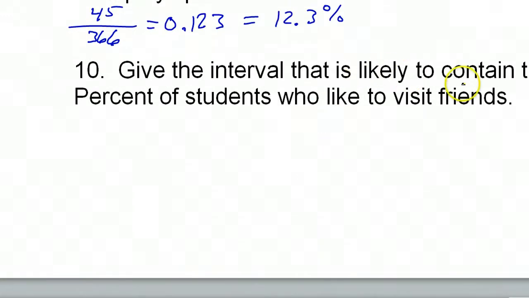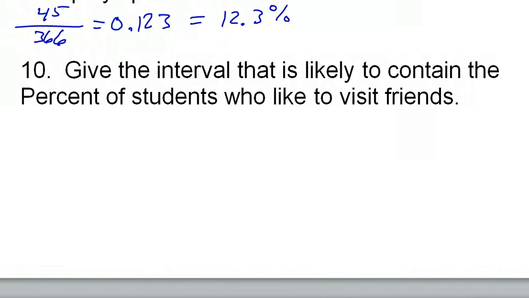Now, give an interval that's likely to contain the percent of students who like to visit friends. Man, these questions are not worded very well. They're saying the interval, so we must be talking about the population, but they didn't say that.